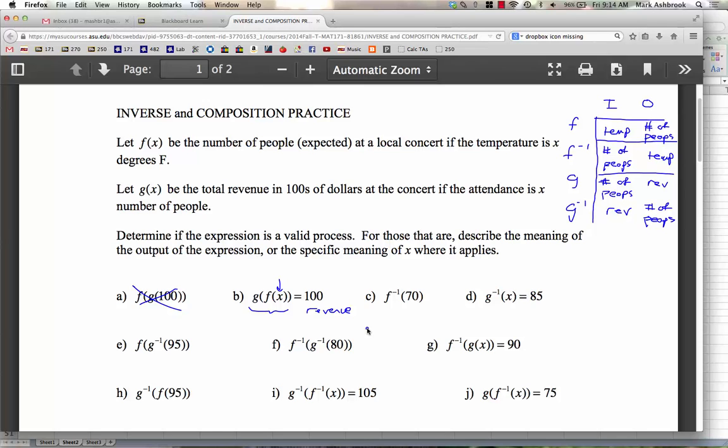Make sense? Cool. How about F inverse? So that's got to mean something, right? It's just by itself. So what is the overall meaning of that expression? Somebody new who wants to say, what is the overall meaning of that expression? Gives you temperature. So go ahead. Which temperature does it give you?